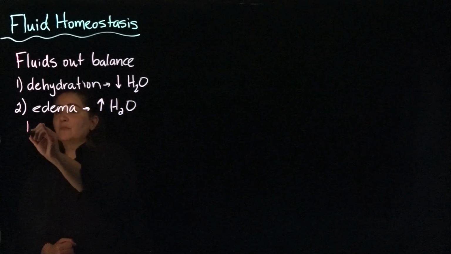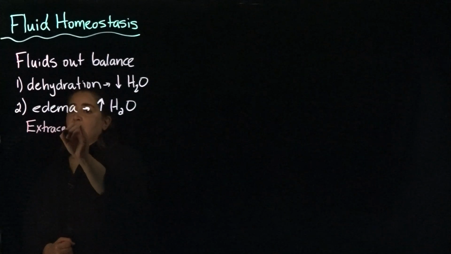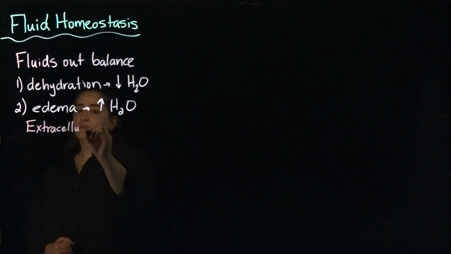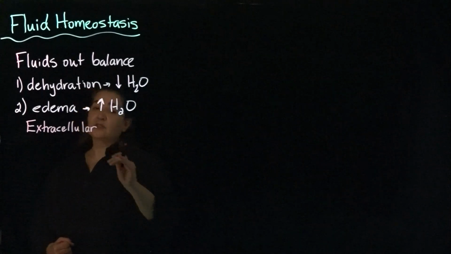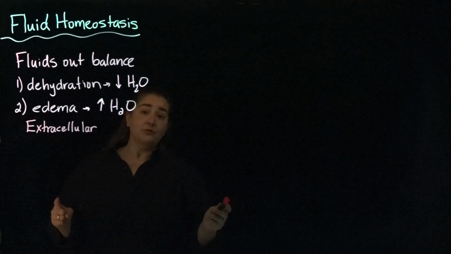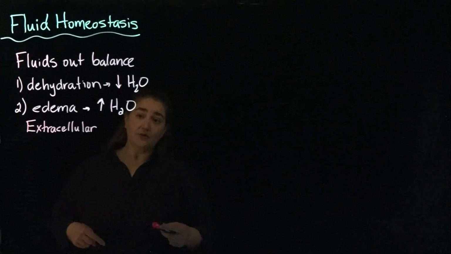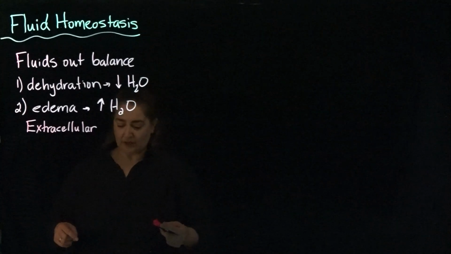All right. Primarily, the compartment that we're talking about here is the extracellular compartment, all right? Although there will be fluid that moves between the intracellular and extracellular compartments, and that can also contribute to this as well, all right?